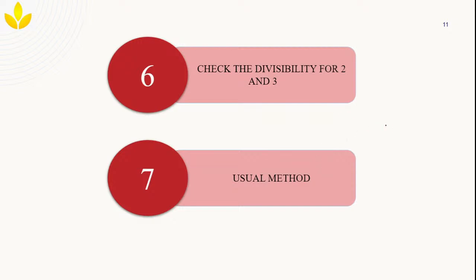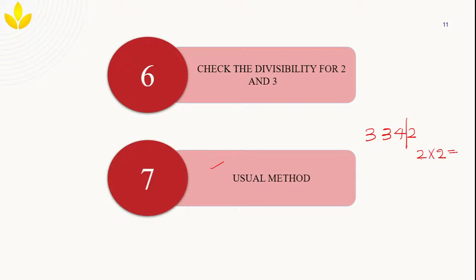Okay. Well, let me give you a method for it. For 7, what is the method? Any number, for example, 3, 3, 4, 2. You have to check whether this number is divisible by 7 or no. How are you going to check it? First, remove the last digit and then multiply that last digit by 2.